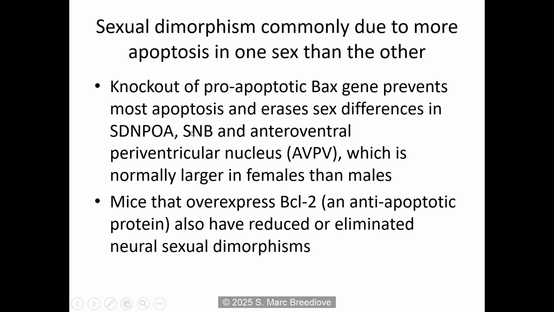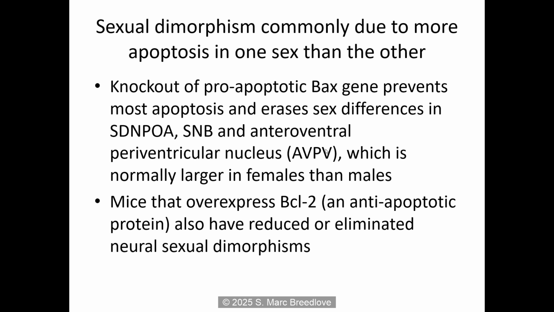In both of those cases, testosterone prevents cell death and results in males having more neurons than females. But there's another hypothalamic nucleus, the anterior ventral paraventricular nucleus. I suggest you just remember AVPV, and I do want you to remember that. It turns out females have more neurons there than males do.